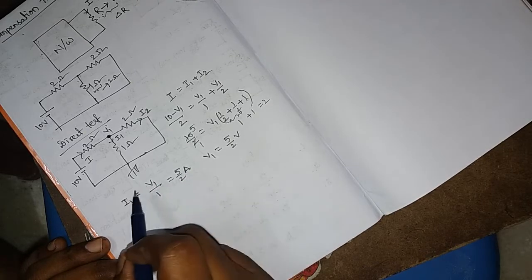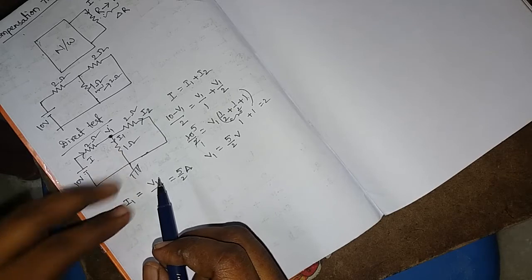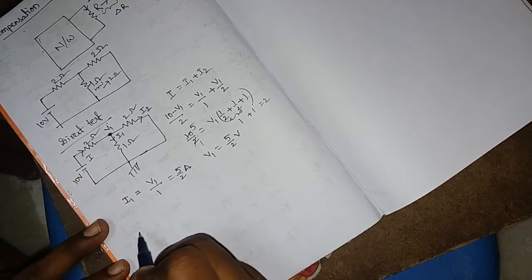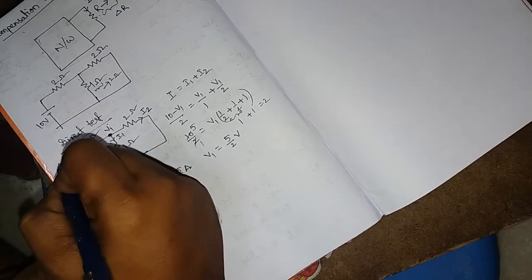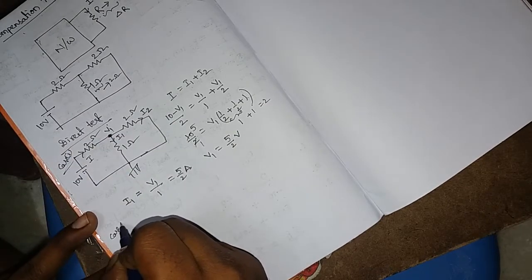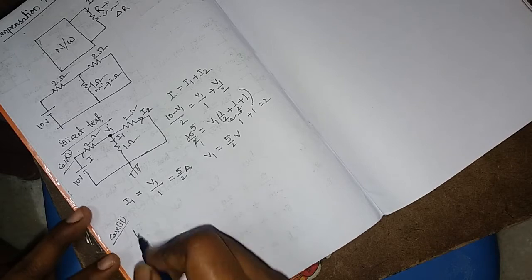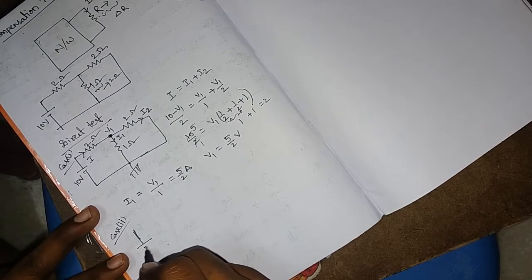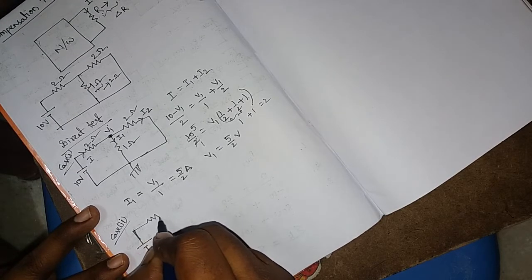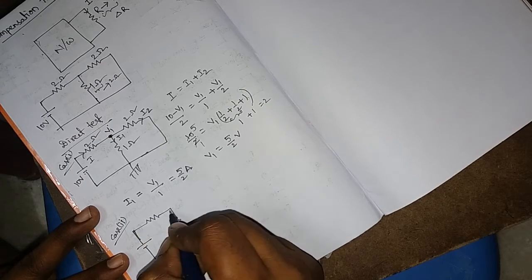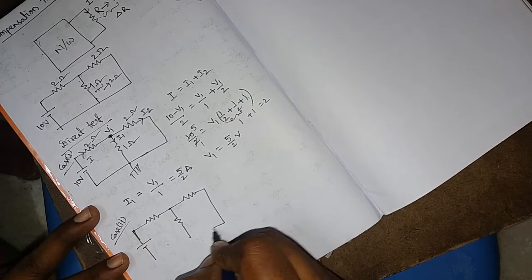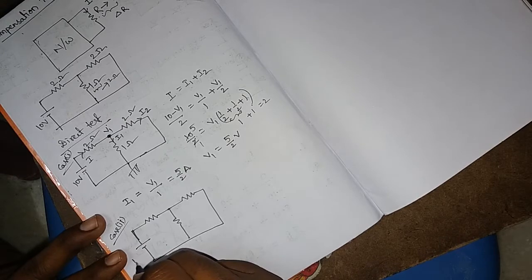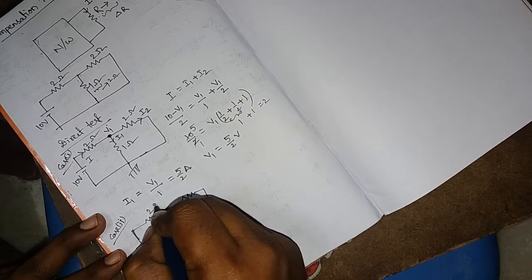Now we replace this 1 ohm resistor with a 2 ohms resistor. Case 2: 10 volts, 2 ohms.